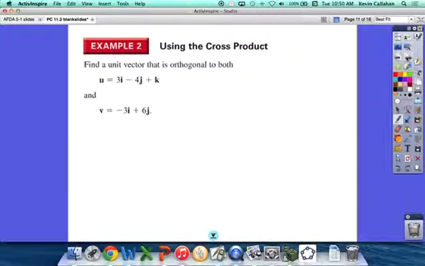We will find a vector which is orthogonal to u and v, right? But that's not exactly what it asks for. It asks for a unit vector which is orthogonal. So once we've found our vector which is orthogonal, what do we need to do with it? Divide by magnitude, right? So first let's do the vector. Notice that there's 3 components on the u, but only 2 on the v.